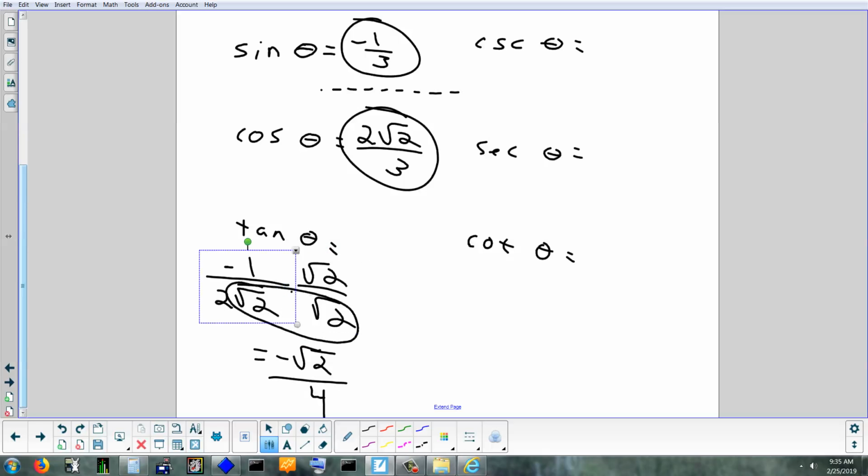That's the answer. Negative square root 2 over 4. I don't know if you saw what just happened, but when I put my negative, it almost looked like it was part of the line. So to be clear, it's probably good to put the negative in the top so it doesn't look like it's part of the fraction bar.